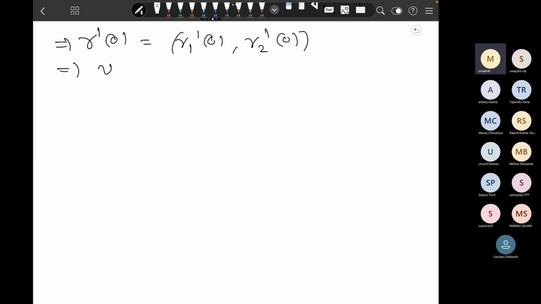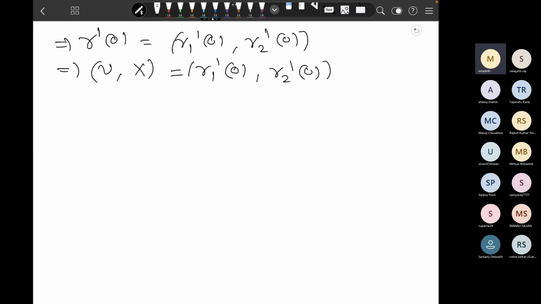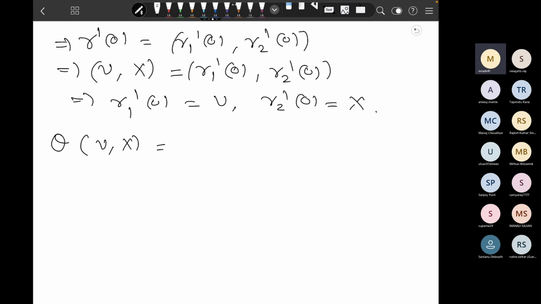So that means (V, x) is equal to (gamma 1 prime 0, gamma 2 prime 0). This thing, gamma 1 prime 0 is equal to V, gamma 2 prime 0 is equal to x. So theta of (V, x) is equal to d by dt at t equal to 0 of sigma composed with gamma(t).